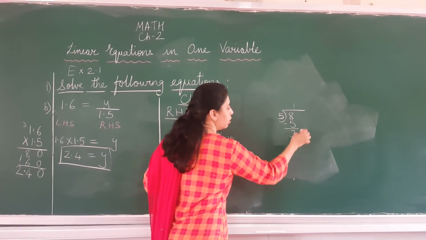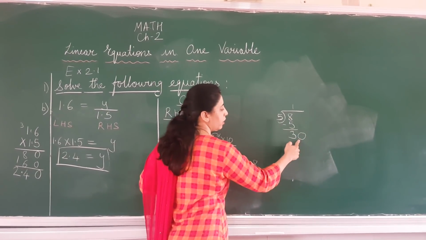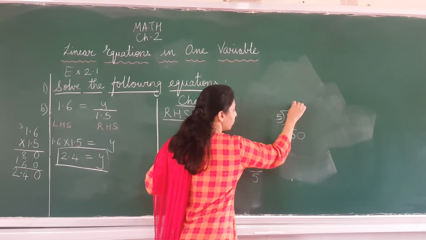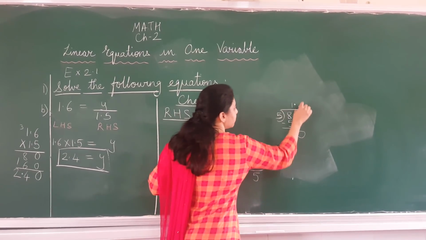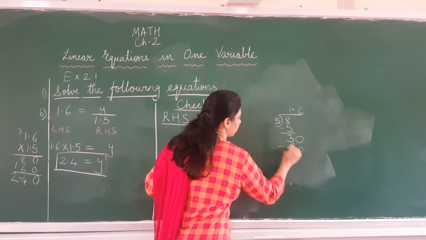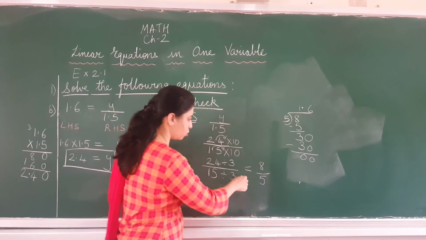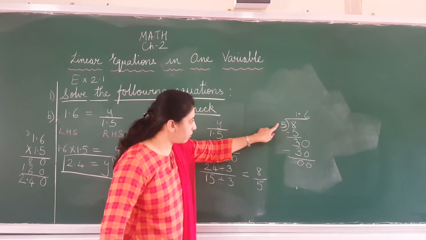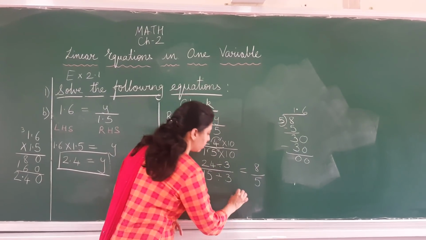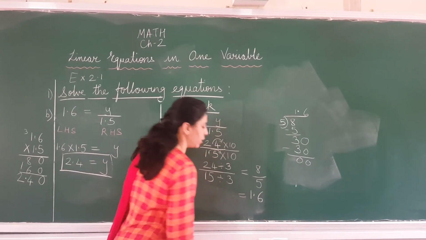Now there is no number, so you add 0 here. When you take 0, you have to put the decimal in the quotient. So 5 6s are 30. So your answer is 1.6. When you divide 8 by 5, you get the answer 1.6.